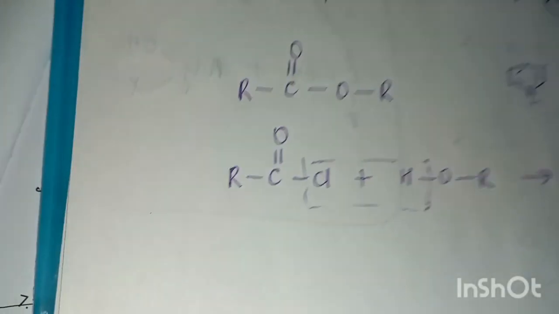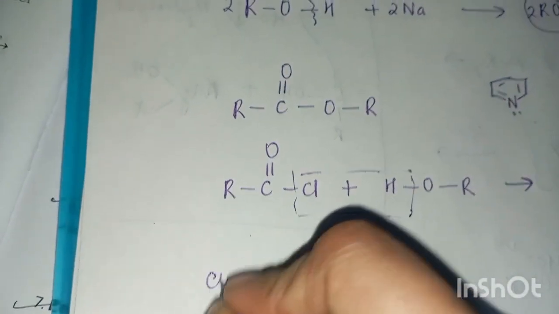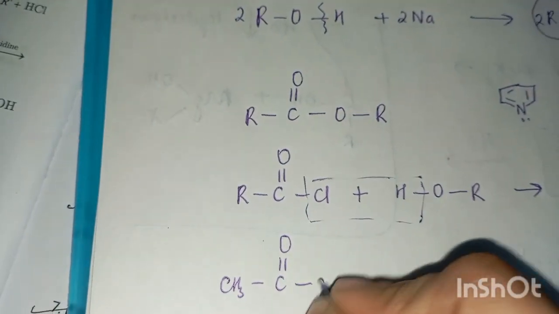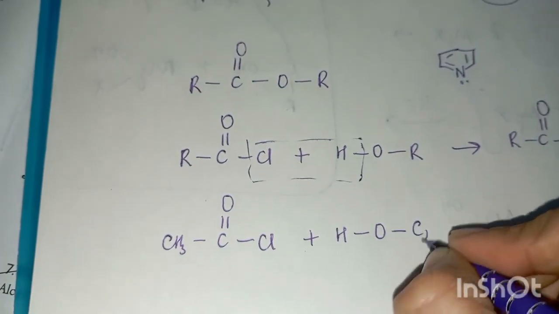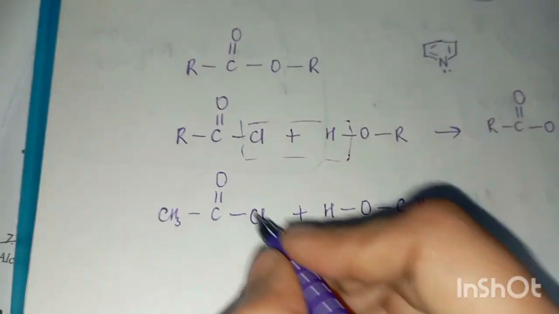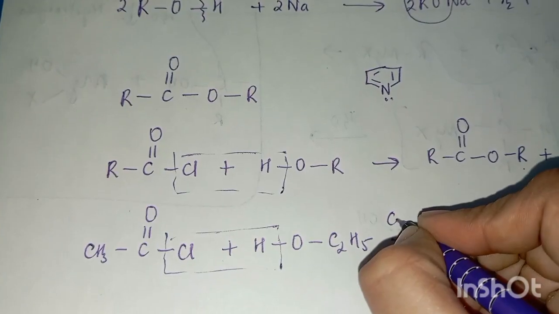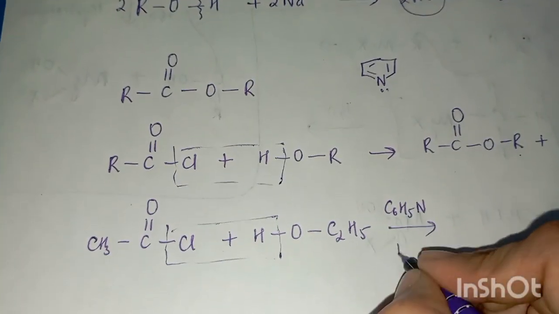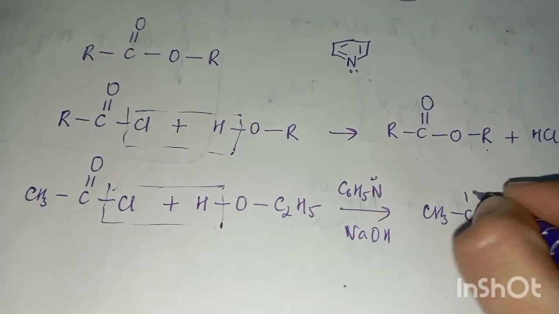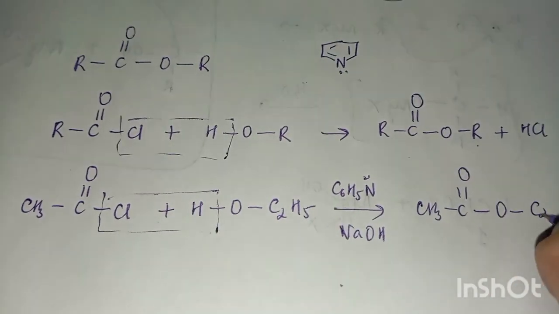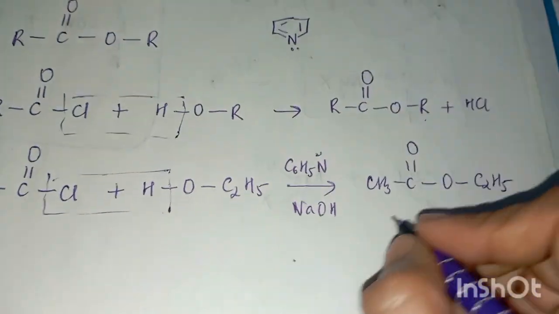Now similarly, for example, if I am taking CH3 C double bond O Cl, acetyl chloride, plus HO C2H5, what will be the product? In the presence of pyridine, of course, C6H5N, and NaOH base, the product will be CH3 C double bond O C2H5, and plus HCl.